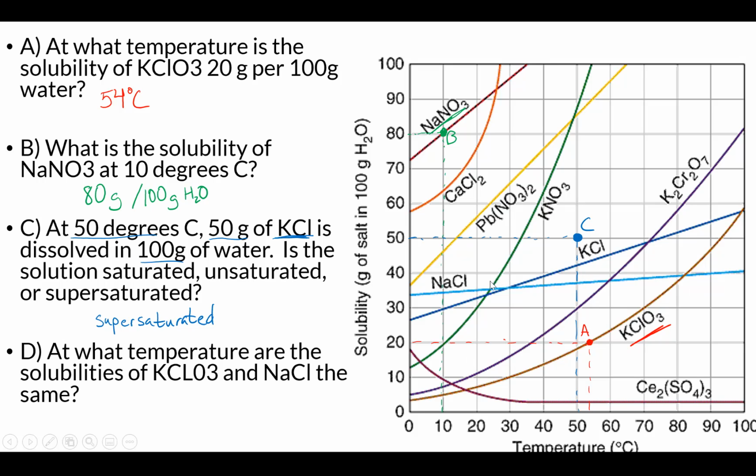So where does this light blue graph and the brown one intersect? Well, it's right here. I'm going to label that D. And at what temperature is that? Well, we just read the temperature value off our temperature axis. Looks like it's at about 82 degrees Celsius.